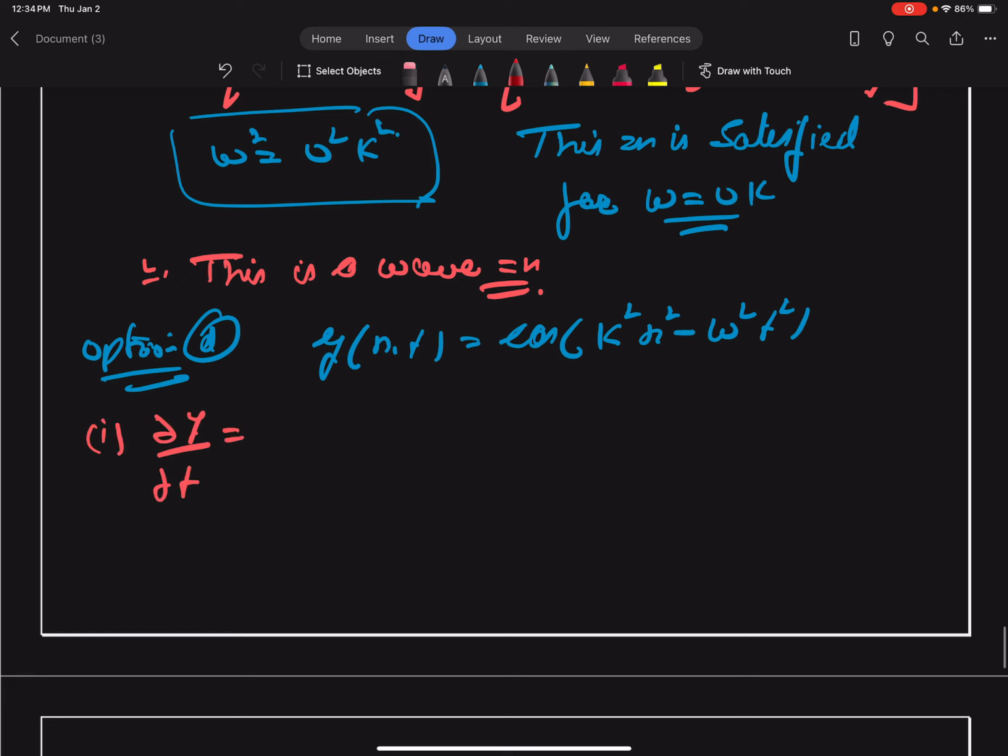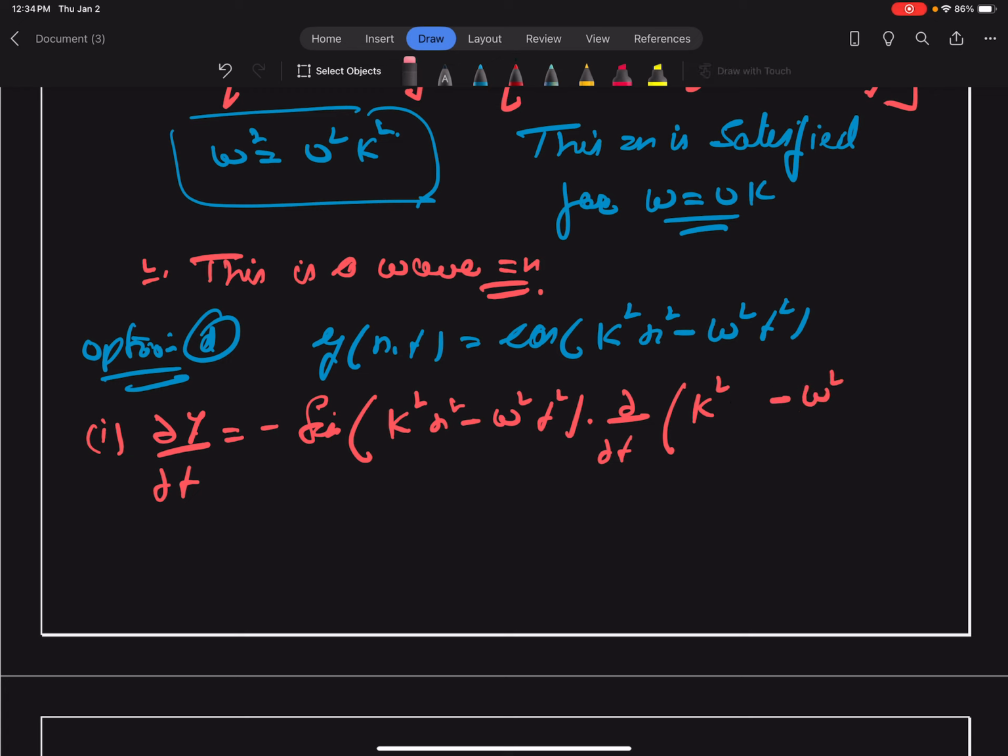Partial derivative with respect to t will be equal to minus sine of k square x square minus omega square t square, and partial derivative of k square x square minus omega square t square.